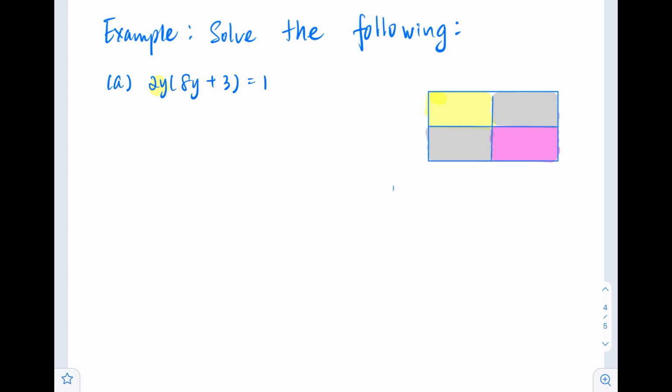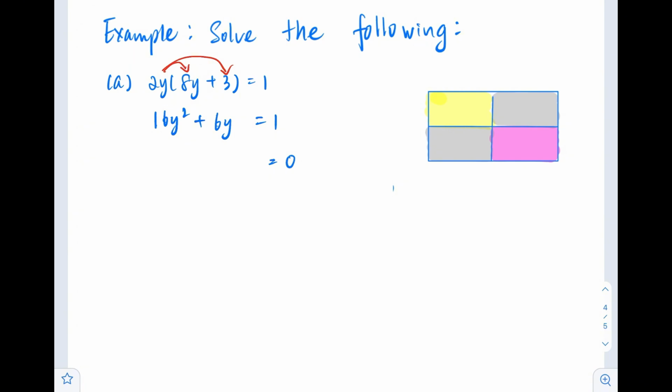To solve this equation, we would first need to use our distributive law to expand the equation. That would give us 16y squared plus 6y equals 1. Now, to apply the zero product principle, we would need the right hand side of the equation to be equal to 0.